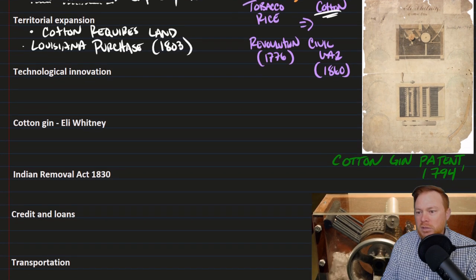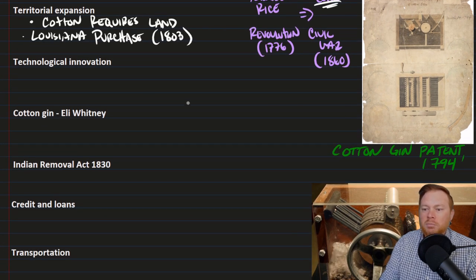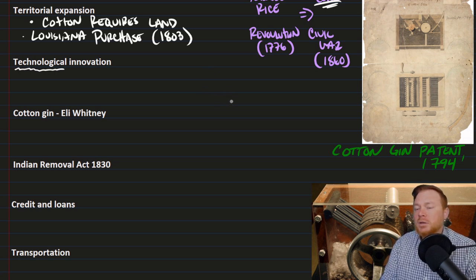Now, one missing component in this cotton boom was technology. It turned out that there were several bottlenecks that prevented cotton from taking off. One of them was the process of removing seeds.